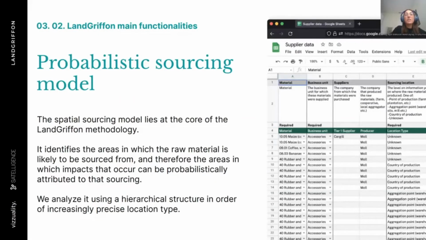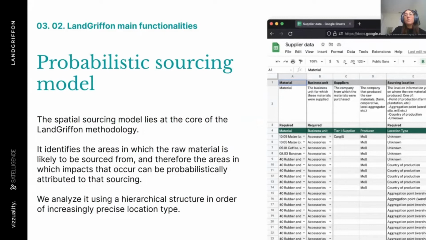At the core of Landgriffon, we have the probabilistic sourcing model. This sourcing model basically geolocates the procurement data and identifies the areas in which the raw materials are likely to be sourced from. As the information that companies have on the production of these raw materials will vary in detail, this geolocation will be based on a defined location type, which are the ones that I have presented in the previous slide.